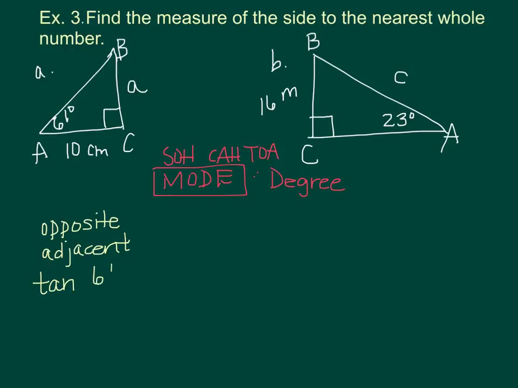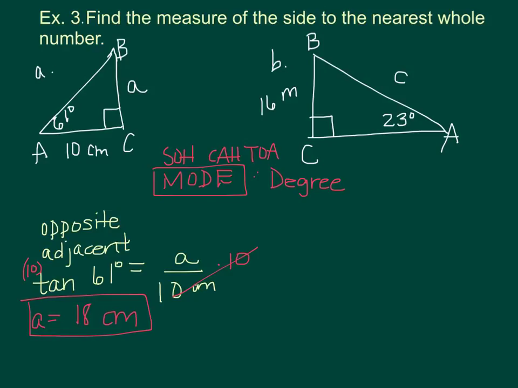So we're going to do tangent 61 degrees equals opposite, which is A, over adjacent, which is 10 centimeters. So we're going to solve for A by multiplying both sides by 10. In your calculator, you're going to type in 10 times tangent 61 degrees, and you should get 18 centimeters because they want us to round to the whole number.